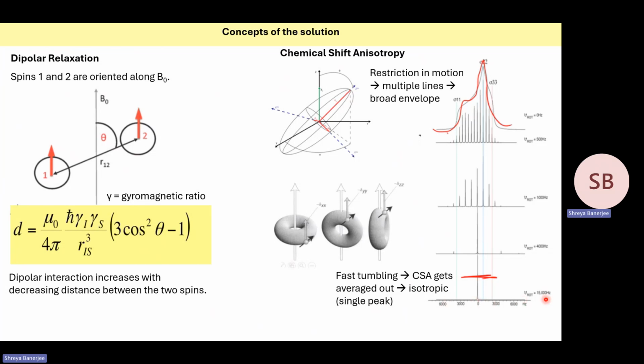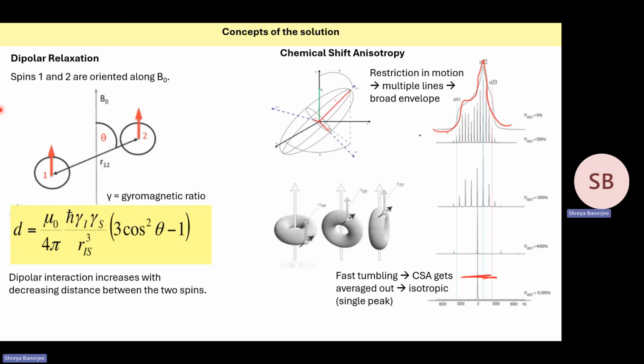This is what happens in solution state NMR. But in solid state NMR, where the tumbling is very slow or completely restricted, each orientation will give a different chemical shift. What you will observe is a net envelope of chemical shifts, so the solid state NMR is very broad. This is called chemical shift anisotropy.